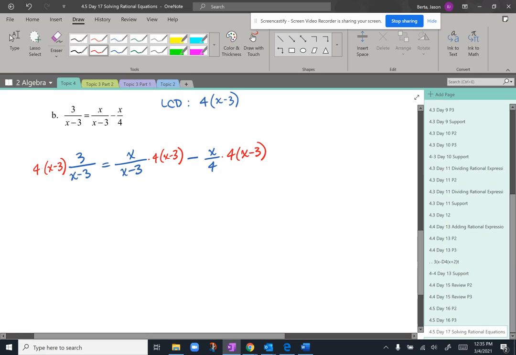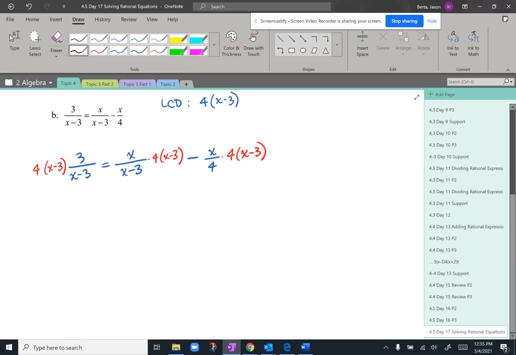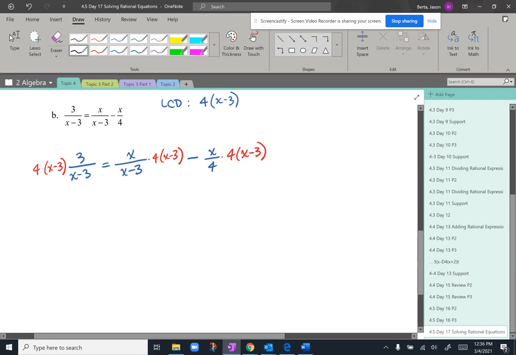Next thing I'm going to do is look for some common factors that appear in the numerator and denominator that I can cancel. Looking over here to the left, I see that the x minus 3 can be canceled. Looking in the middle term, again, the x minus 3 term can be canceled. And here in the third term, it's not the x minus 3, but rather it's the 4 that I can cancel.